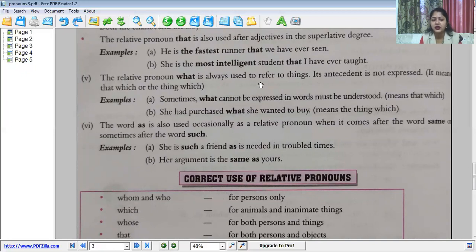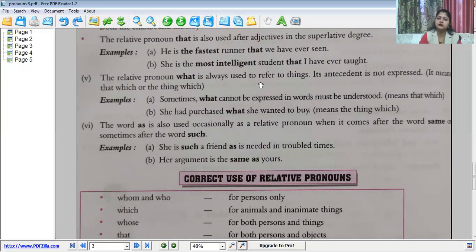See the example: She is such a friend as is needed in troubled times. The pronoun here is as. Please do not underline such. Her argument is the same as yours. So again, as is used. It appears after words like same or such.